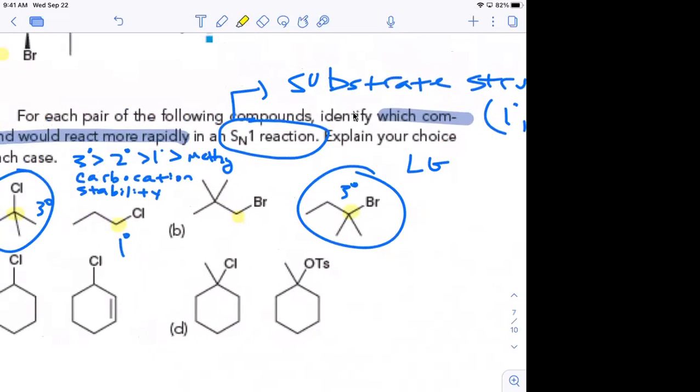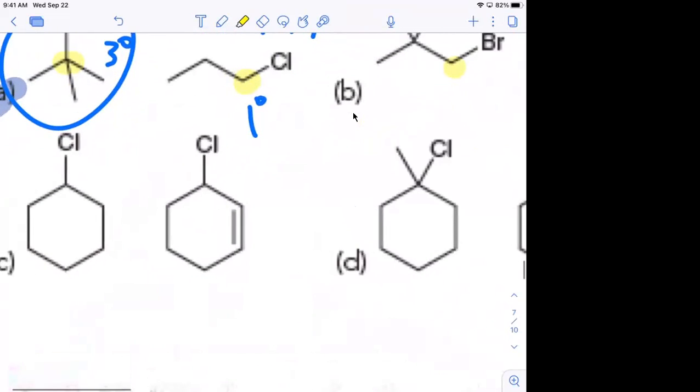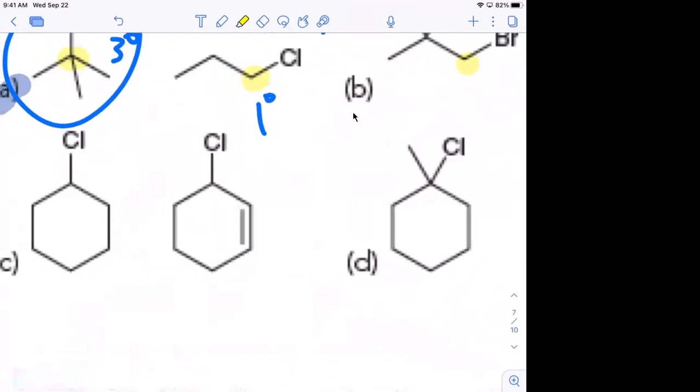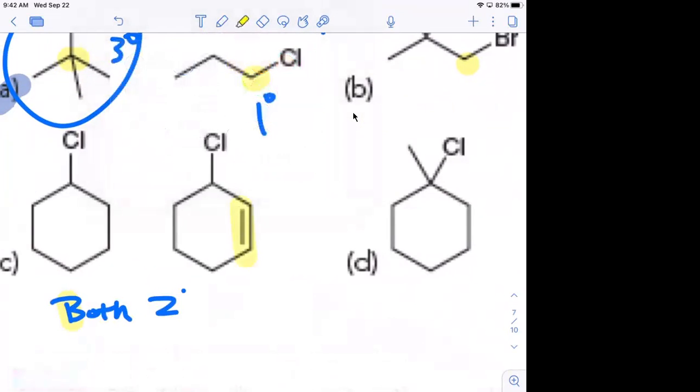All right, let's go down here to C. What do you think? Both of those carbons are secondary. What are we looking for now? Notice this one is allylic because that leaving group is on a carbon that's adjacent to a double bond.